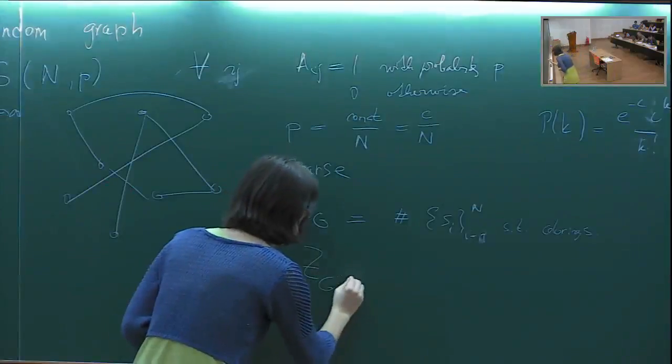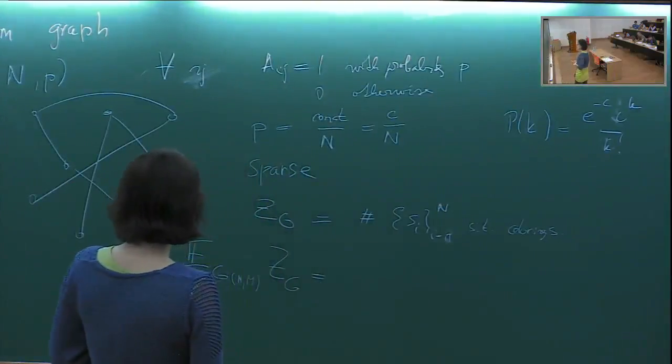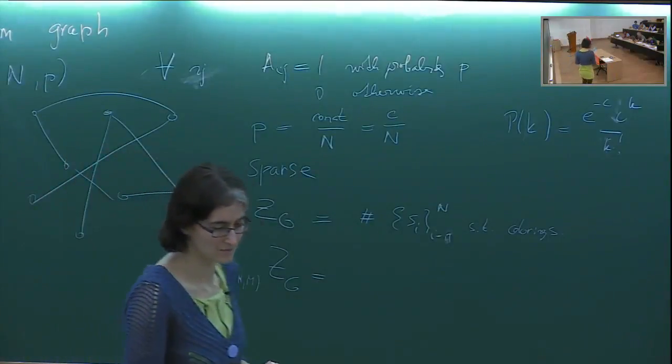So what's the average of the Z of G? How do we compute that? This is something that is easy to compute.